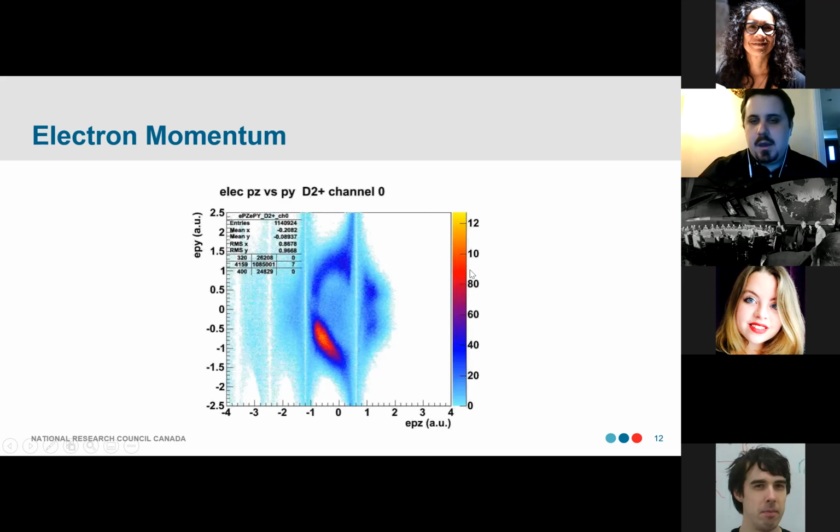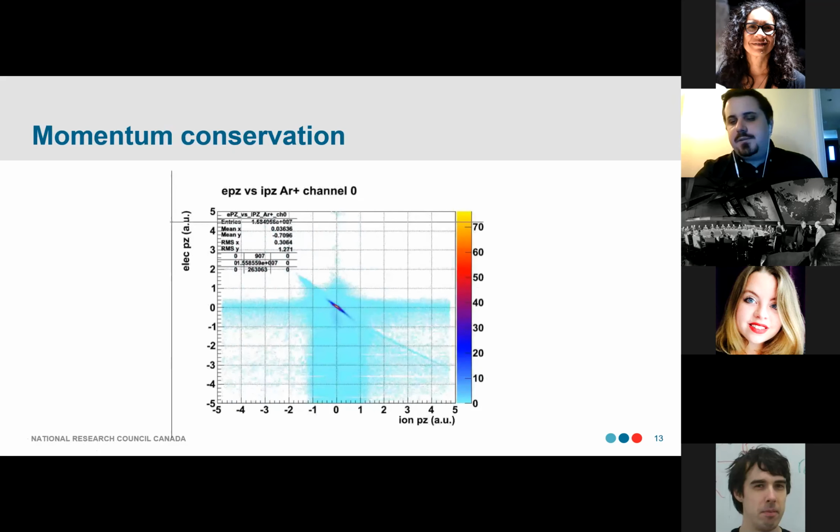So the last thing I want to point out is that momentum conservation is a very important concept in COLTRIMS, both because it helps us calibrate our data. On this plot, we have the ion momentum for argon plus and the electron momentum for argon plus plotted against each other. This should form a nice -1 slope, because we have conservation of momentum in this case.